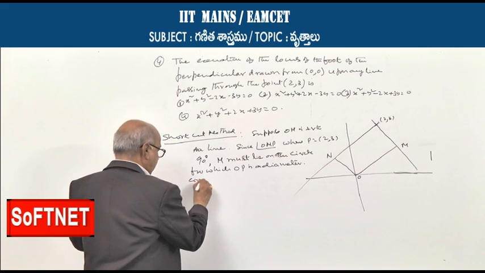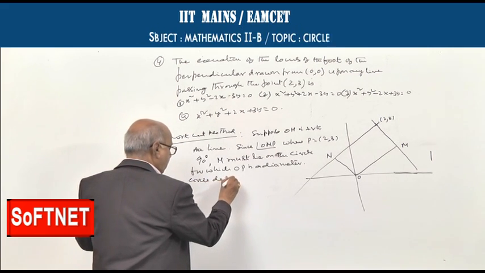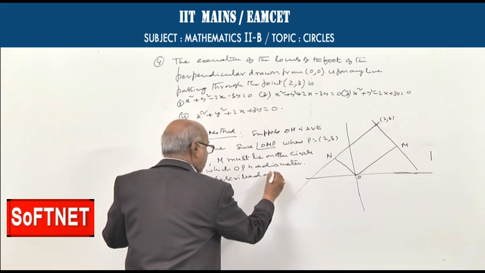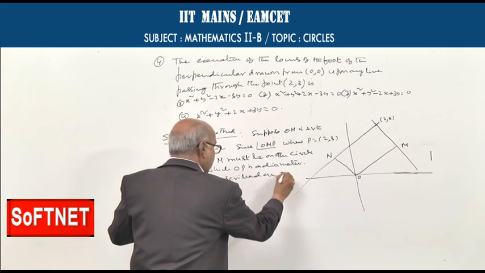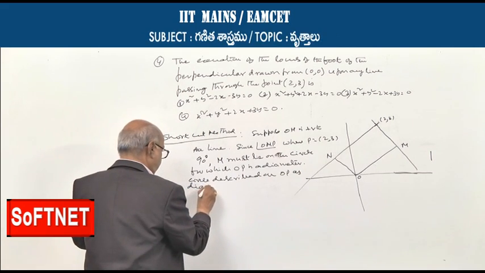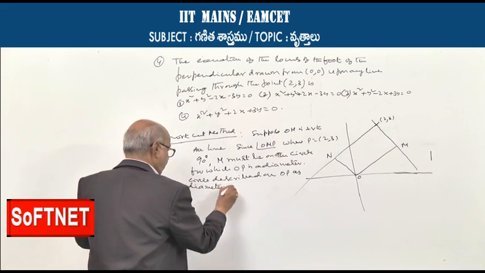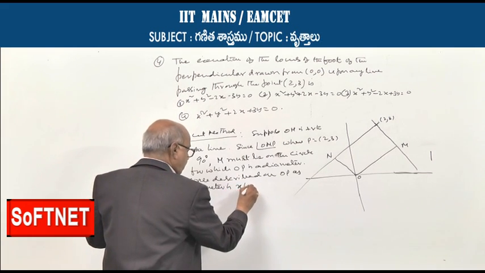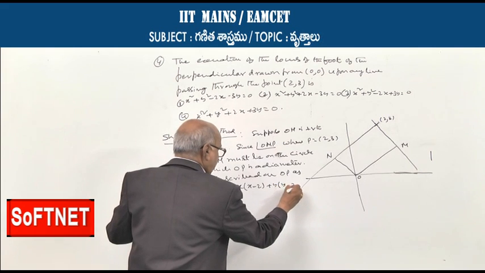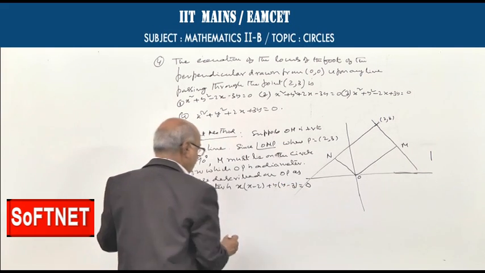The circle described on OP as diameter is x into x minus 2 plus y into y minus 3 is equal to 0.